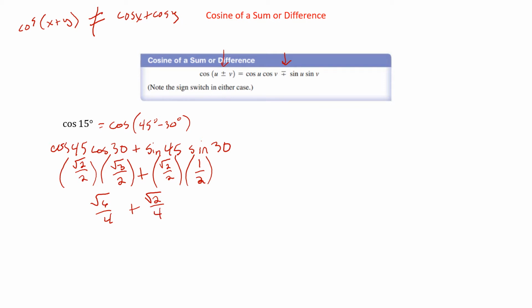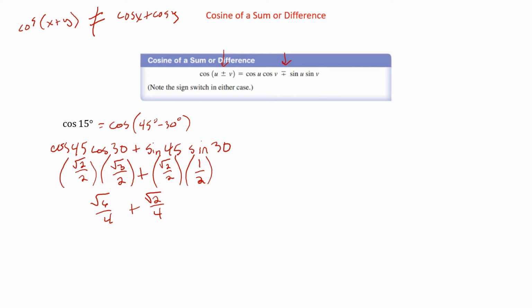We could combine those into one fraction if we want. They do have common denominators, but we do not need to do that necessarily. But this root 6 over 4 and root 2 over 4, being that you're always using a 45 and either a 30 or a 60 when you're finding these exact values, these will consistently be the answer.